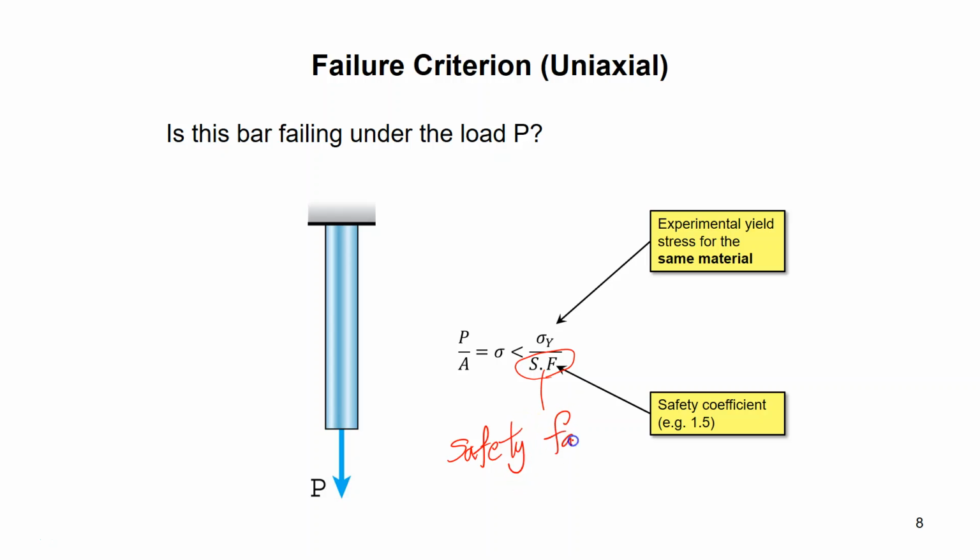And why do we use that? What's the indication? Because we are not always sure how much force in real life is actually applied to the part. One example I mentioned is the airplane, of course. You design it for standard operations, but all of a sudden you have a huge turbulence in the air.